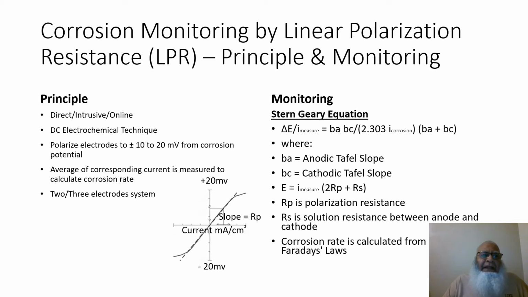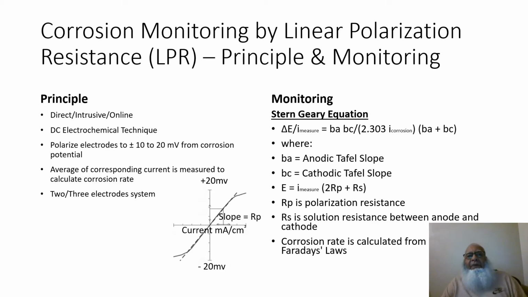Polarize the electrodes to plus minus 10 to plus minus 20 millivolt from corrosion potential. Average of corresponding current is measured to calculate the corrosion rate. 2 to 3 electrode systems are used based on the resistivity of the electrolyte.